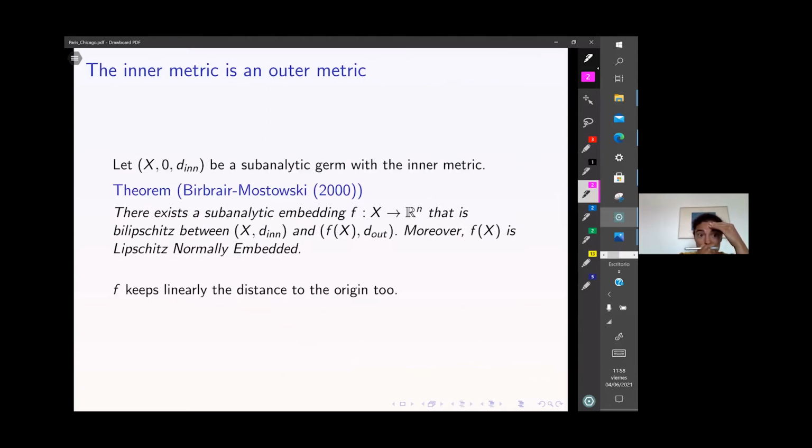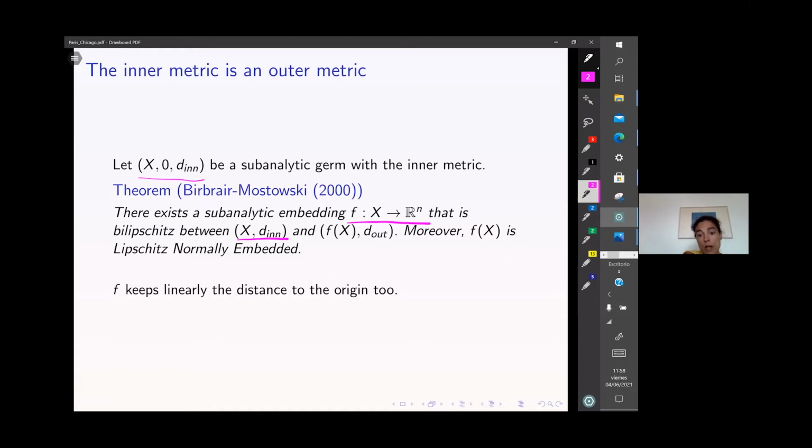Well, we have mainly talked about the outer metric. The inner metric can be studied as an outer metric through this theorem that says that if we consider X with the inner metric, then there exists a subanalytic embedding that is bi-Lipschitz between our germ and the image with the outer metric.